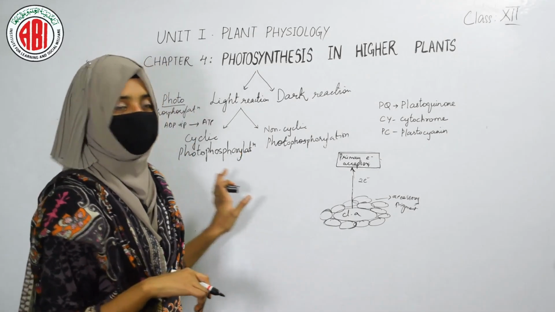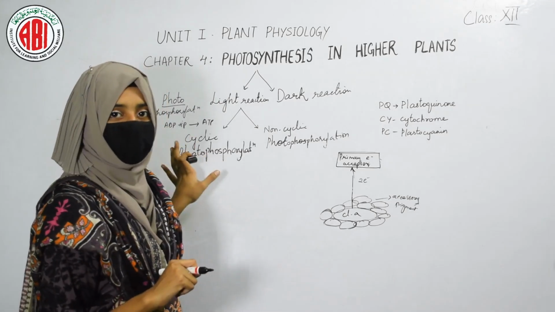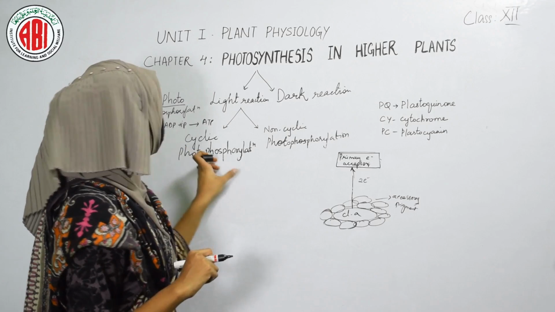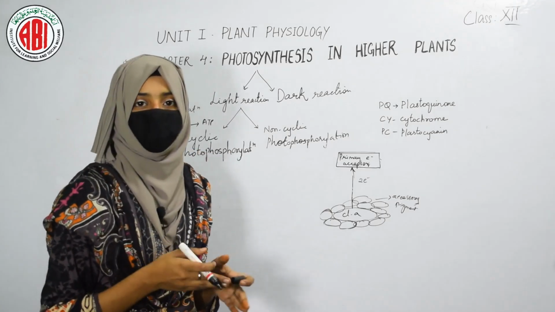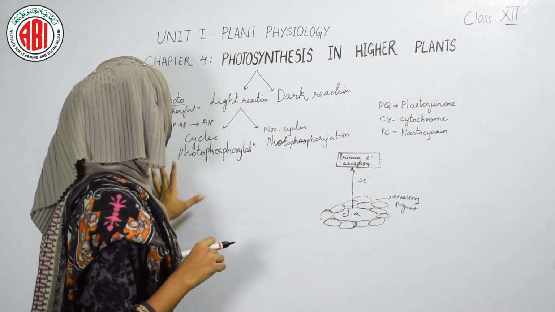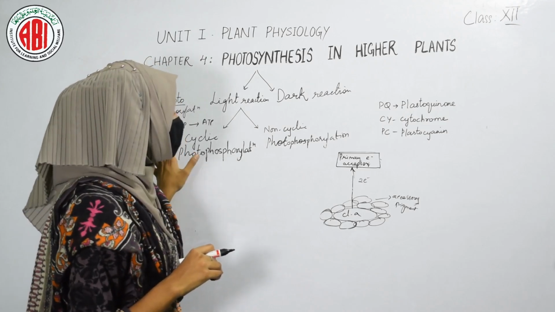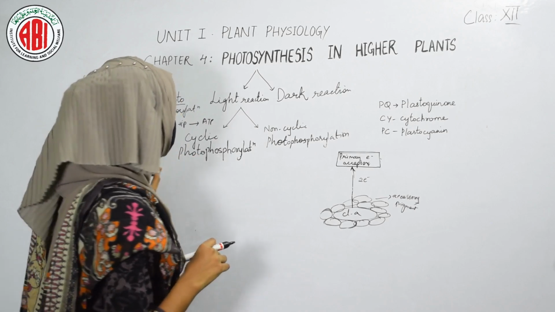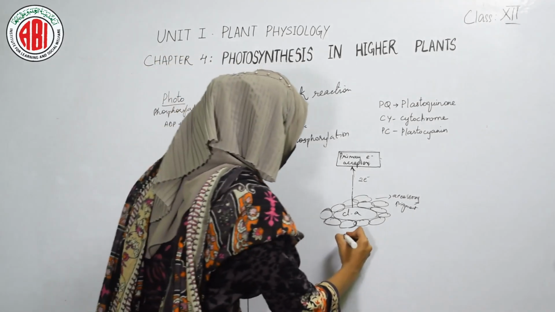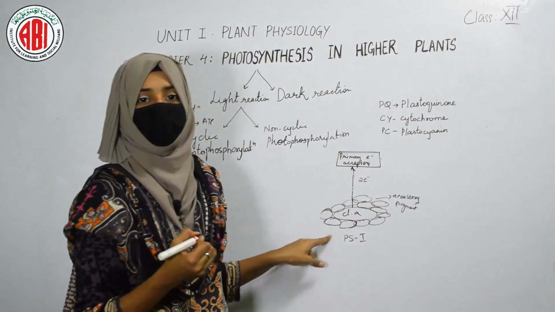Now let us talk about the process called cyclic photophosphorylation. I told you before that photo means light and phosphorylation means addition of one phosphate to the diphosphate to synthesize ATP. So this is called cyclic photophosphorylation. In the process of cyclic photophosphorylation, only one photosystem is involved, that is photosystem 1.